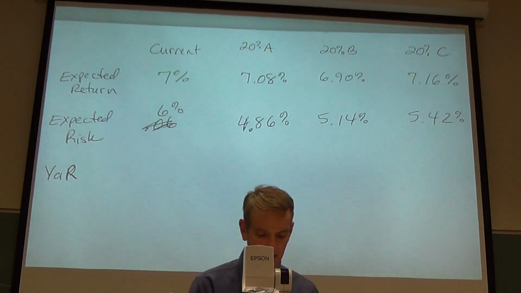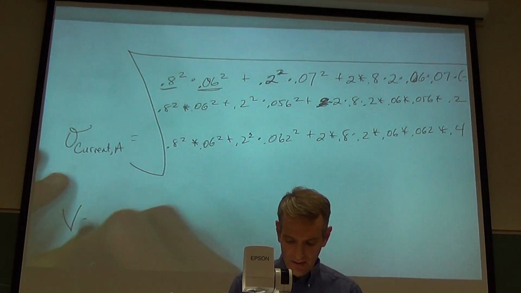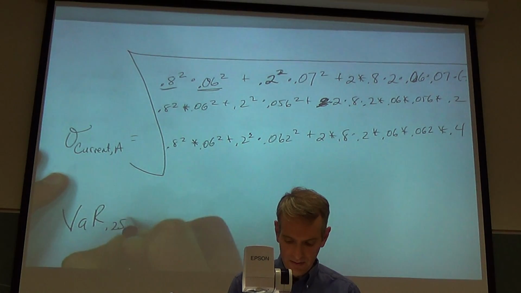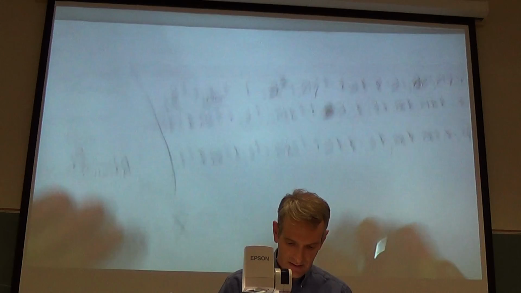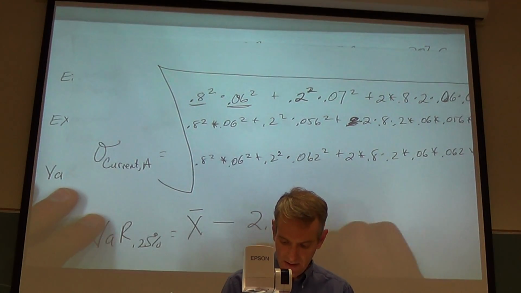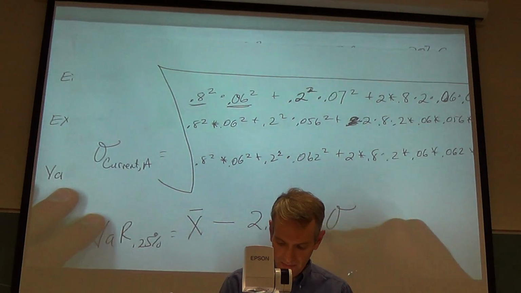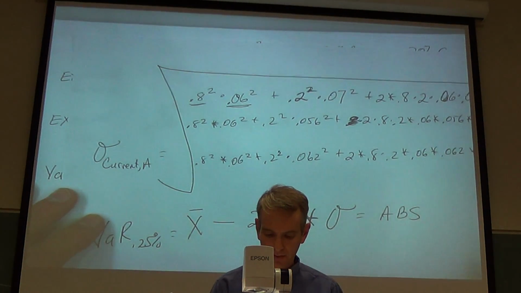All right, well, to get the VaR, what's the formula we use for VaR? VaR at 0.25% risk is going to equal the mean minus, what did we say, 2.81 standard deviations times the standard deviation. But we're going to state it in absolute terms.